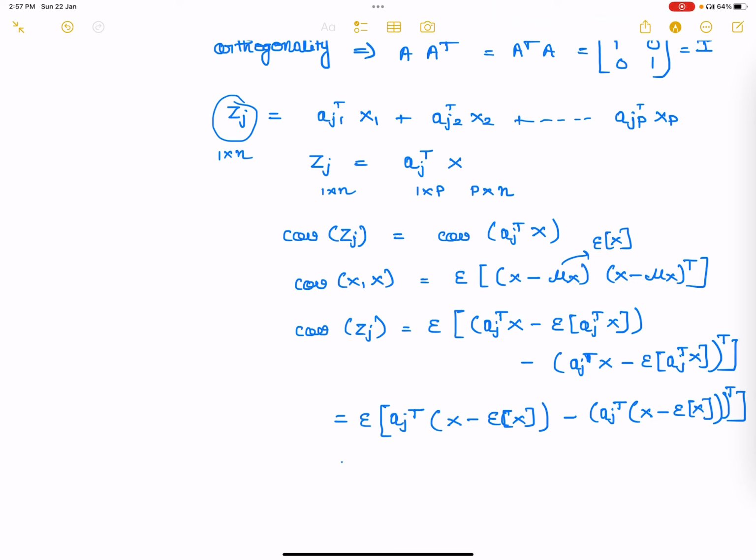So the expectation of X minus E of X, and A times B whole transpose is B transpose A transpose. Suppose this is A and this is B. So AB whole transpose is B transpose A transpose.